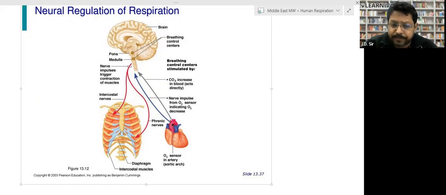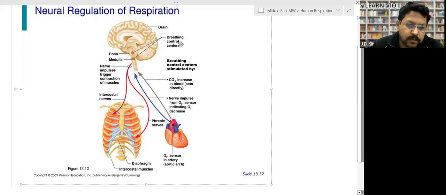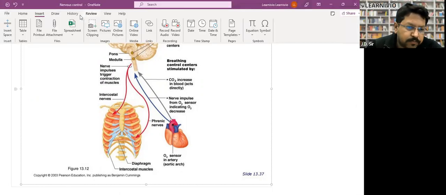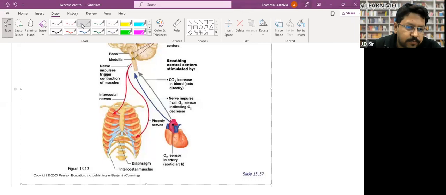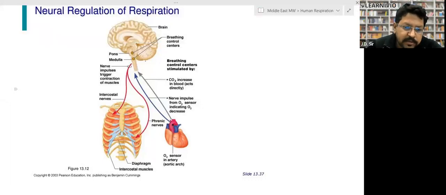One more thing to keep in mind: the respiratory center and the control of your heart both lie in your hindbrain. The centers which regulate the heart are found only in the medulla.